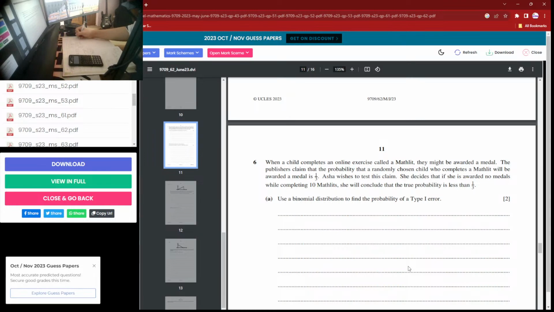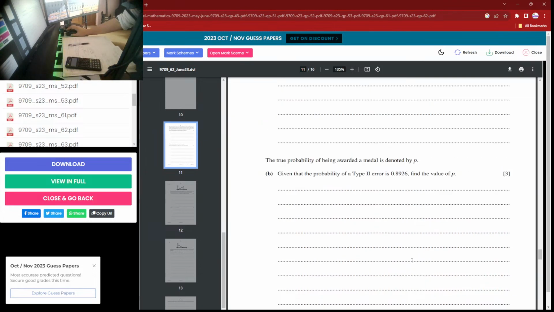Oh, sorry, the probability that she gets a medal is 1/3, and we use that to the power of 0, and 2/3 to the power of 10. So the probability of the type 1 error would be 0.0173. Okay, moving on.